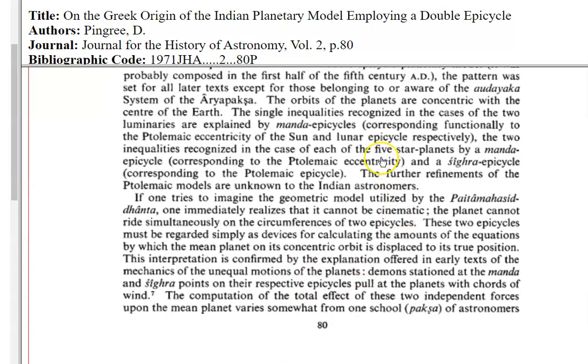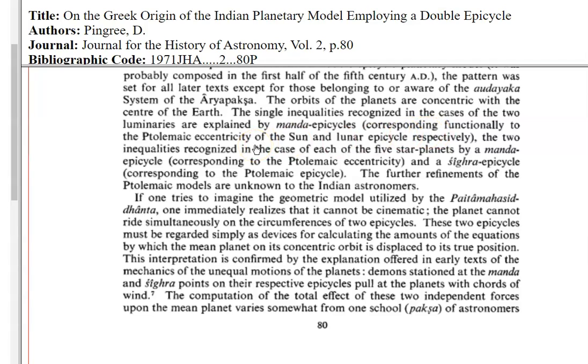And then he goes on to say that the single inequalities recognized in the cases of the two luminaries are explained in the Manda epicycle, corresponding functionally to the Ptolemaic eccentricity of the Sun and lunar epicycle respectively. Now this I don't agree with Pingree here, and most people don't. The Manda epicycle, he is saying, was obtained from the Ptolemaic eccentricity.